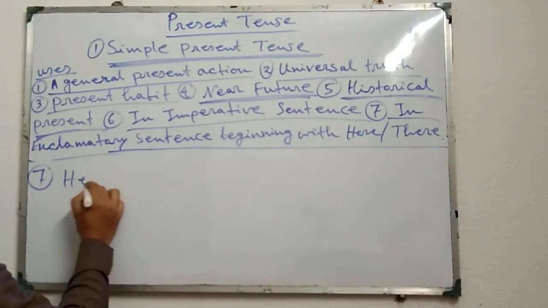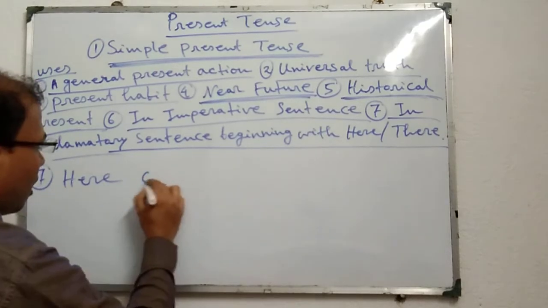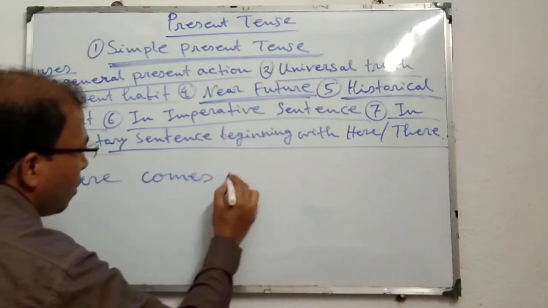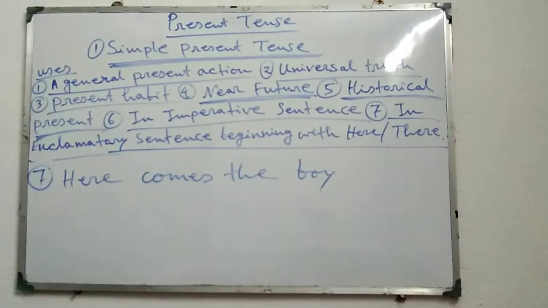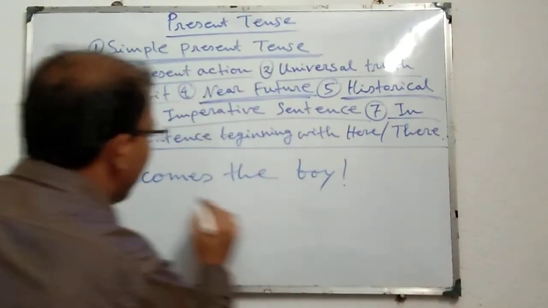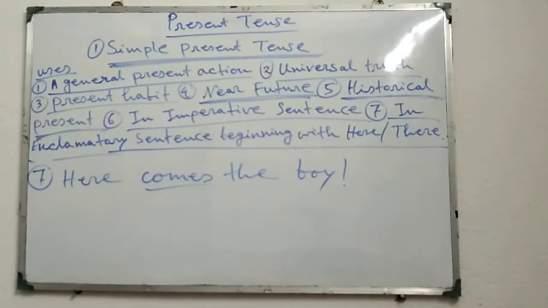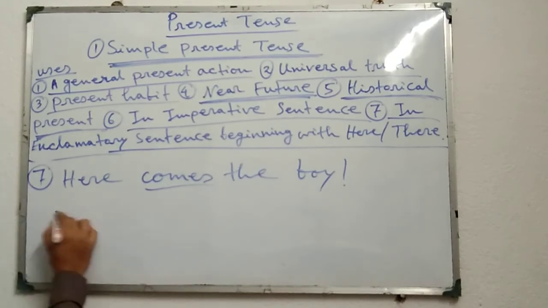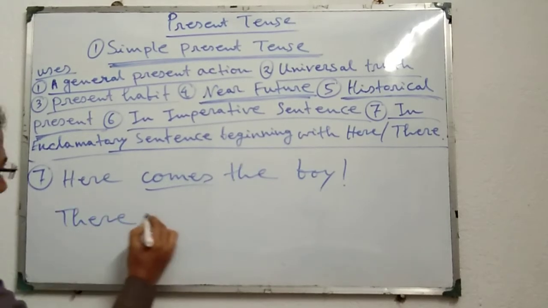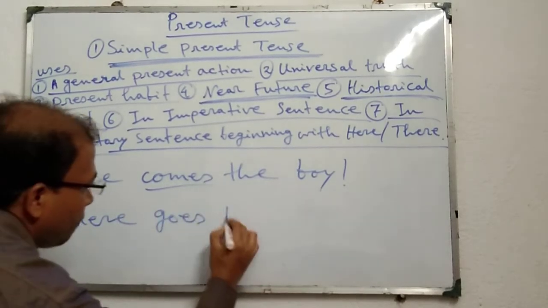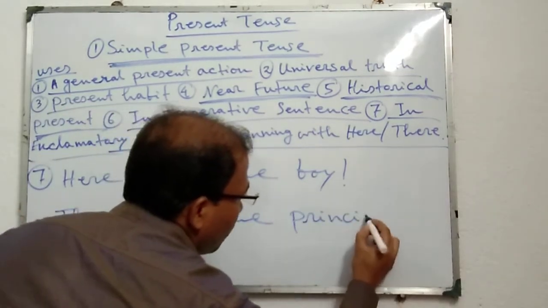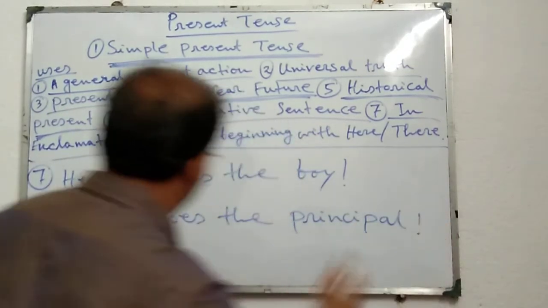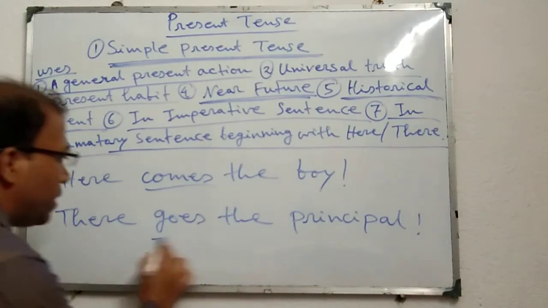Here comes the boy. Here simple present tense we can use. Another example, there goes the principal. There goes the principal. Here also simple present tense.